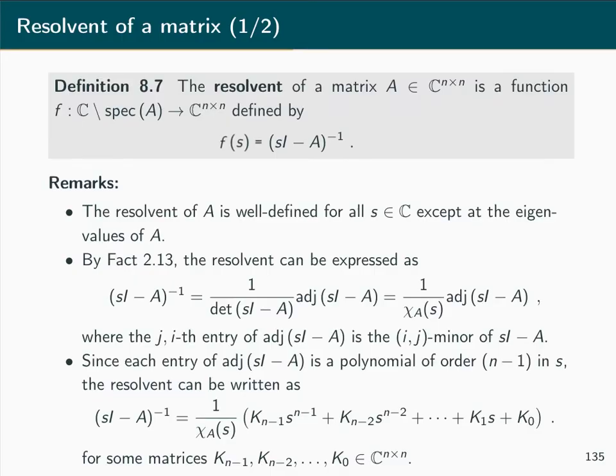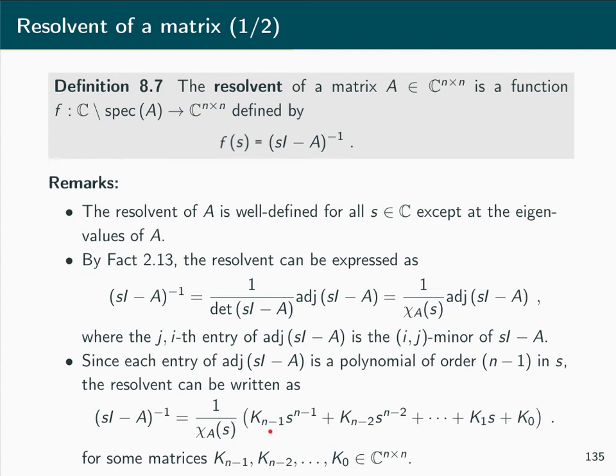So generally, since each entry of the adjugate matrix of sI minus A is a polynomial of at most order n minus 1 in s, the resolvent can also be written as 1 over the characteristic polynomial of A times some appropriate matrices K_{n-1}, K_{n-2}, and so on down to K_1 and K_0, which multiply the corresponding powers of s.